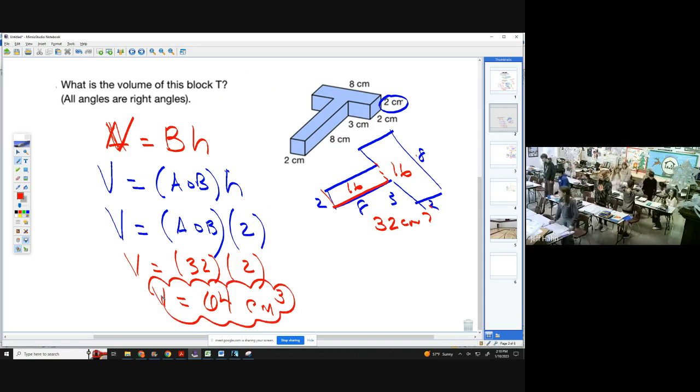Sit down, please. Raise your hand if you got 64 centimeters cubed. Now, I know exactly what's going through your 7th grade anti-authority minds. I got that answer and I didn't write down any of that stuff. And I can tell you, you probably did, but I can also tell you, they give you easy problems as examples.